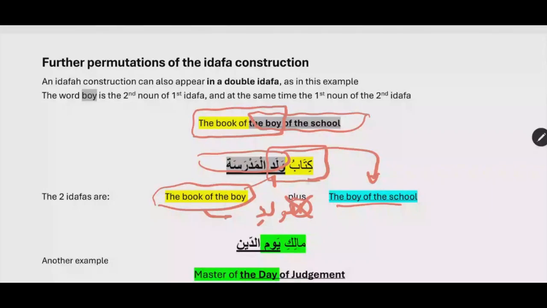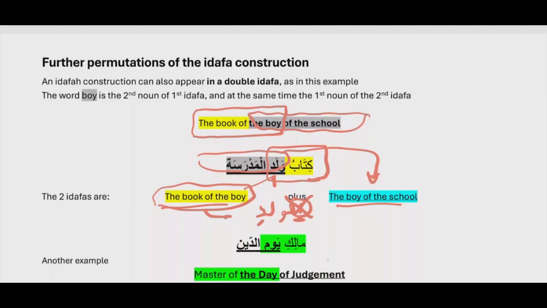That's the way of expressing the double idafa: you made one the book of the boy, but you didn't use the al because this walad is also serving as the first noun of the second idafa, and the first noun never takes an al. Therefore, you have to remove this al, just in this context. So this is an example of a double idafa built in three words in succession.